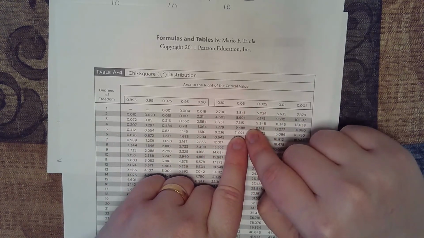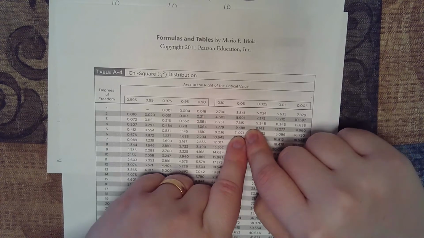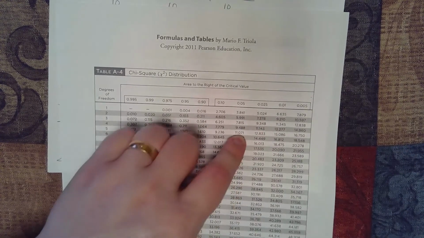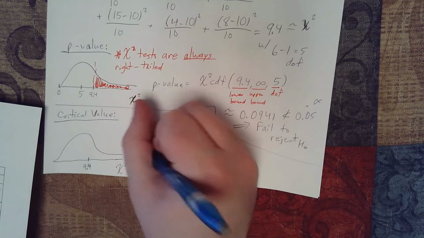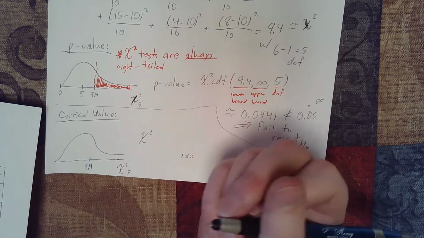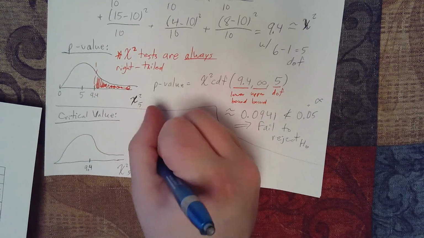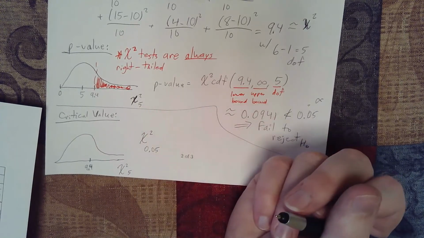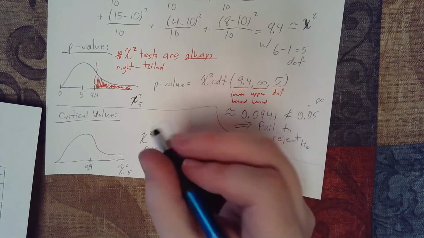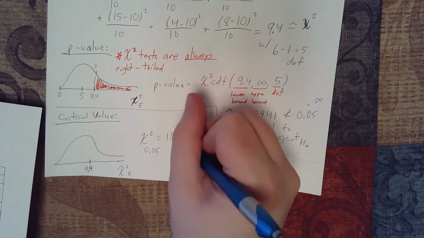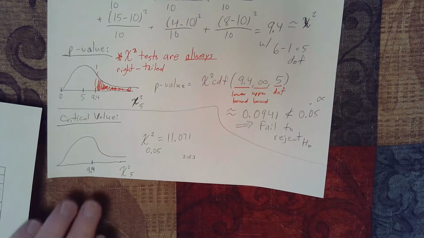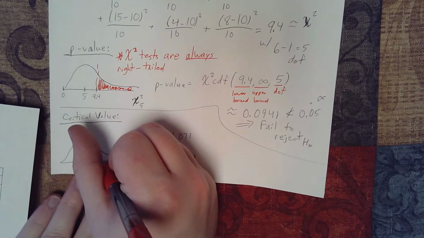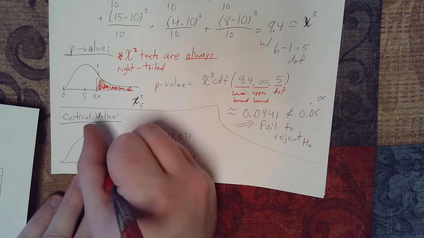Here they meet at 11.071. So our chi-squared value for 5 degrees of freedom and an area to the right of 0.05 is 11.071. And if we take a look, there's 9.4, here's 11.071.